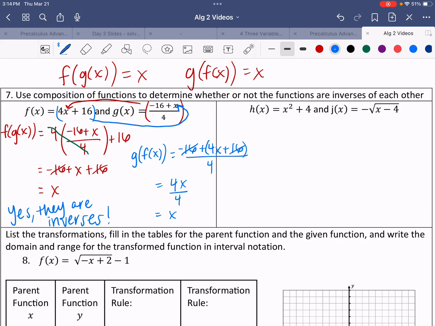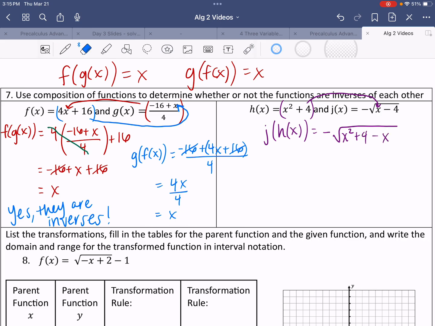Okay, so then on the second one, we have h and j, and that doesn't matter. You can plug them in either order. I guess I'm doing j of h of x first. So I'm going to plug h into function j, negative square root of x squared plus 4 minus 4.